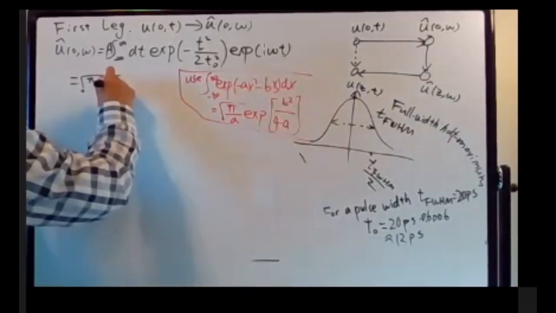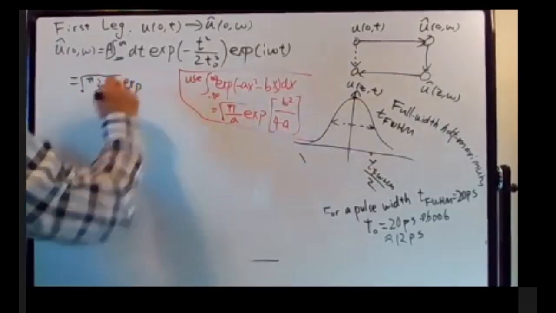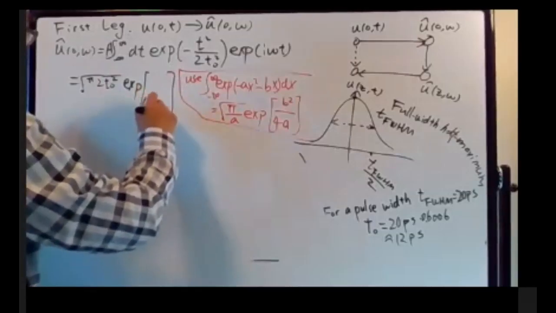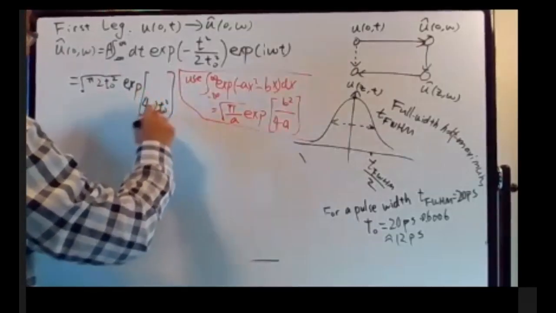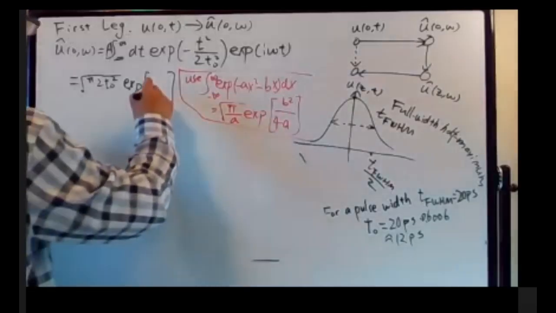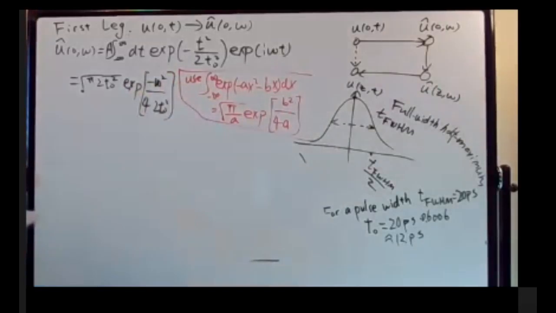And then exponential, how much is the A? It's 4 times 2 t naught squared. How much is the B? B is i omega, so negative omega squared, right?